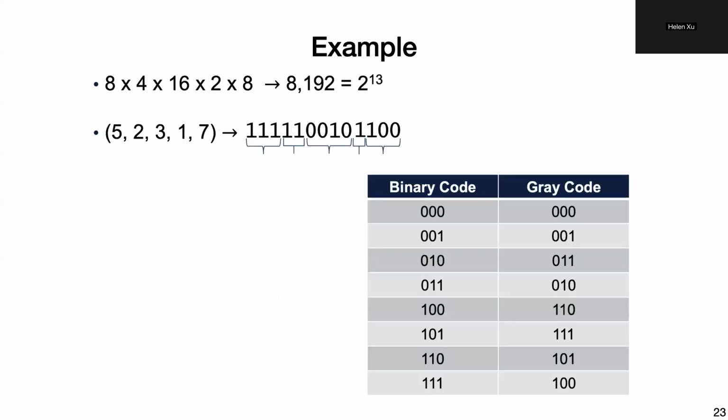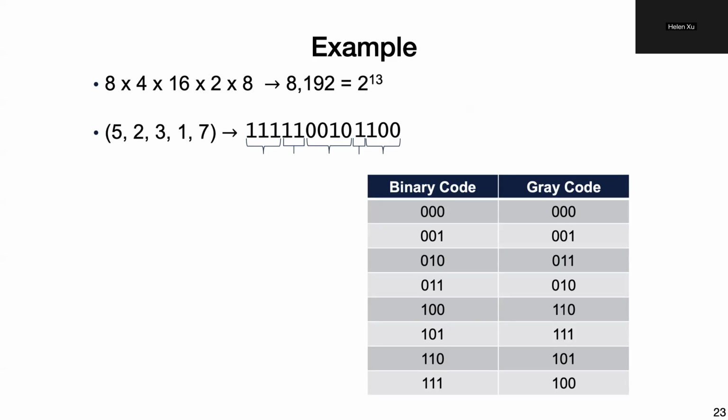And this is an example of how you do it in 5 dimensions. You can just apply the scheme. We concatenated the bits, and you just concatenate the bits here. So this is an 8 by 4 by 16 by 2 by 8 mesh. That's 13 bits. For 8, you need 3 bits. For 4, you need 2 bits. For 16, you need 4 bits. For 2, you need 1 bit.